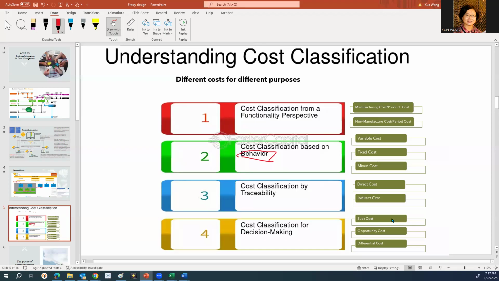So you need to ignore the sunk cost. When you're trying to figure out how much it cost you initially, that may affect your current decisions, right? So just compare the options you have and compare the different benefits or costs, but ignore the original cost. And opportunity cost also refers to when you have different options. When you take one option, it is the sacrifice we made by giving up the other options, right?